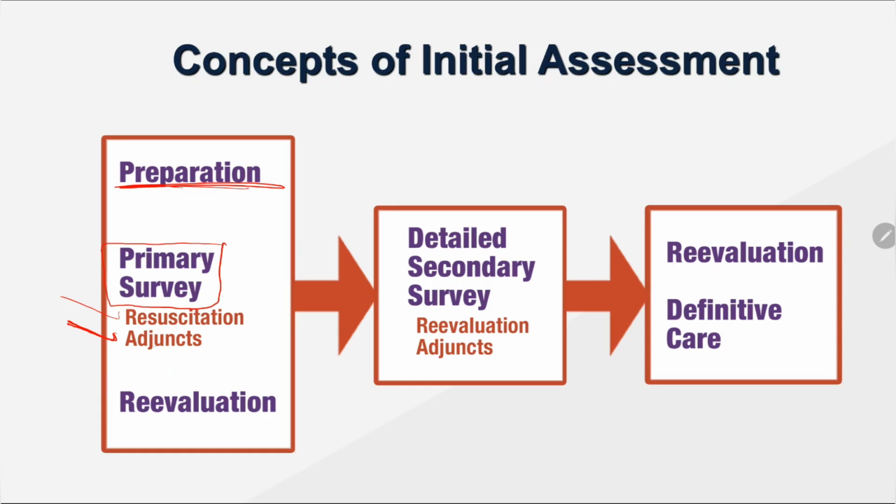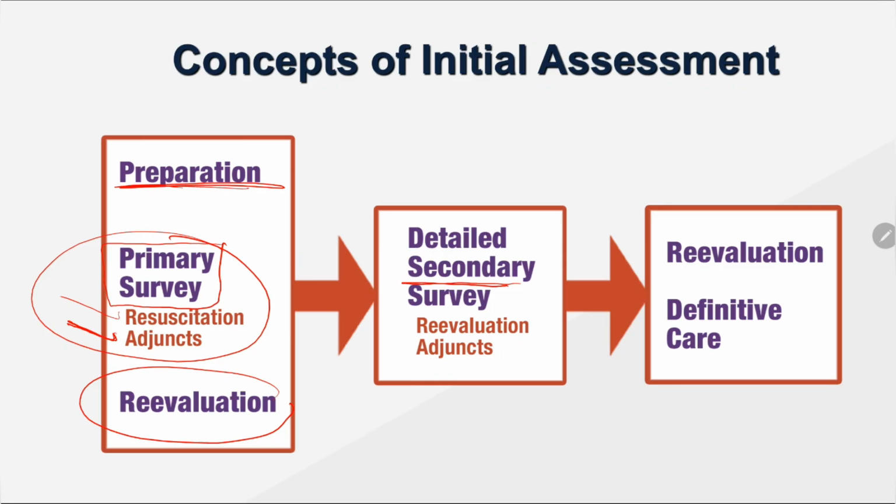When the primary survey and resuscitation are done, you have to re-evaluate whether the patient has improved or not. If not improved or deteriorating, you continue the primary survey. But if the patient is improving, then you go to the secondary survey. In the secondary survey, you take a simple history, you examine the patient from head to toe, then you do a neurological examination.